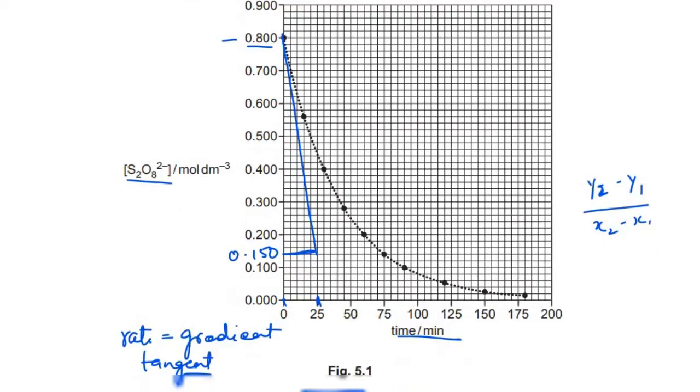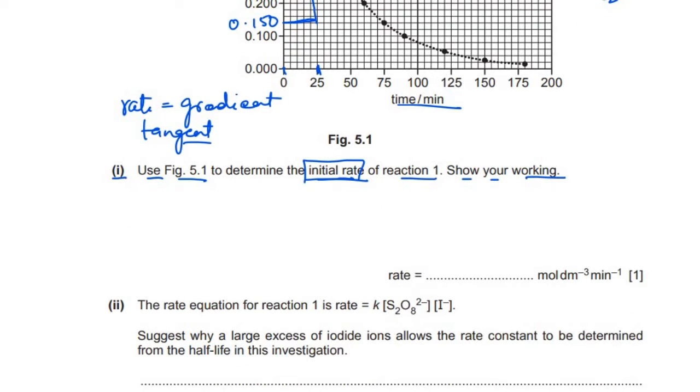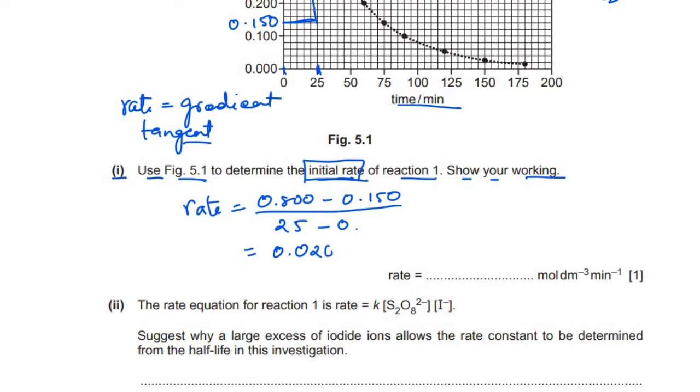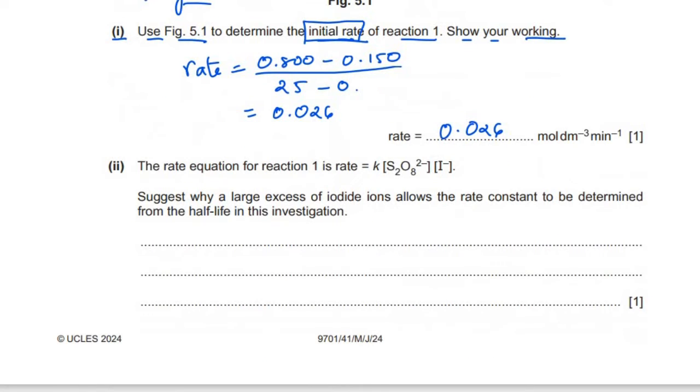Substituting, rate is equal to 0.800 minus 0.150 divided by 25 minus 0. That's how we find the gradient, and our answer is 0.026. So rate is 0.026 moles per dm³ per minute.